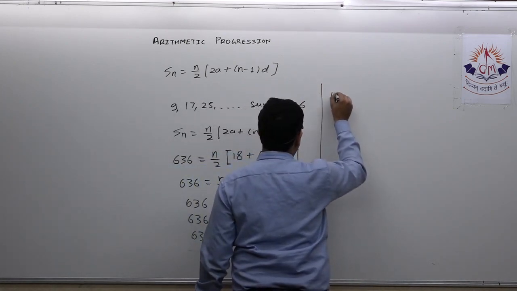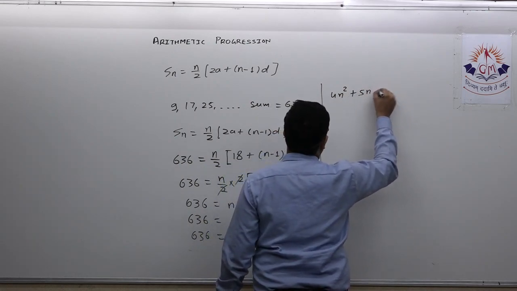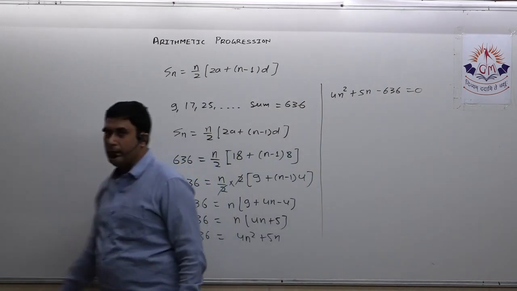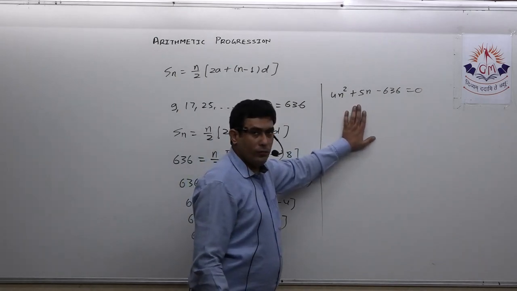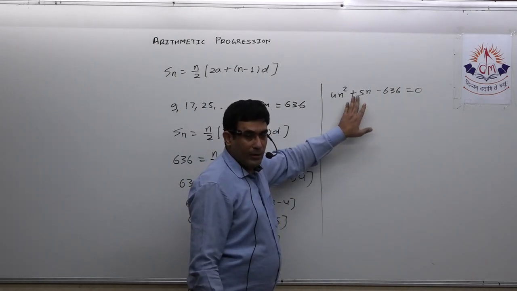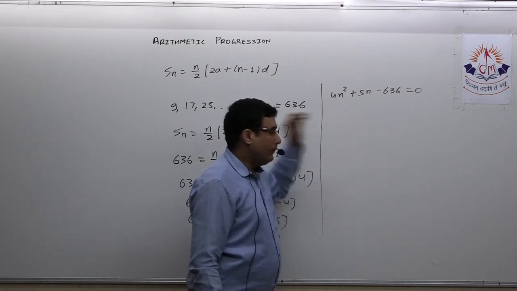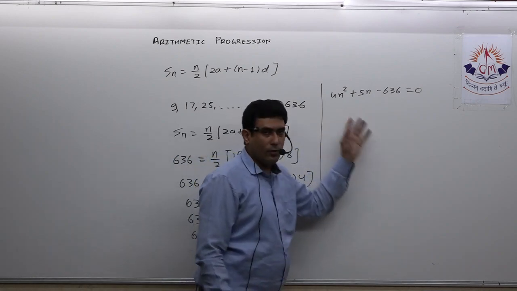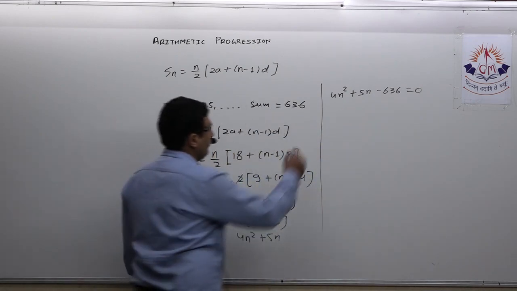So the equation is 4n square plus 5n minus 636 equals 0. Now I am considering that you know how to get the values of n with the help of splitting the middle term, or by the completing the square method, or by the formula method. In that way you will get the value of n.